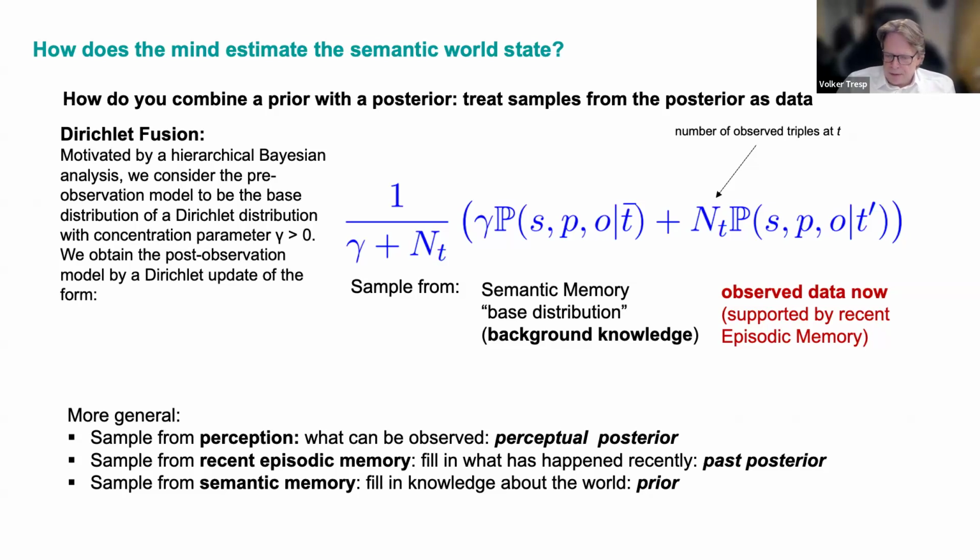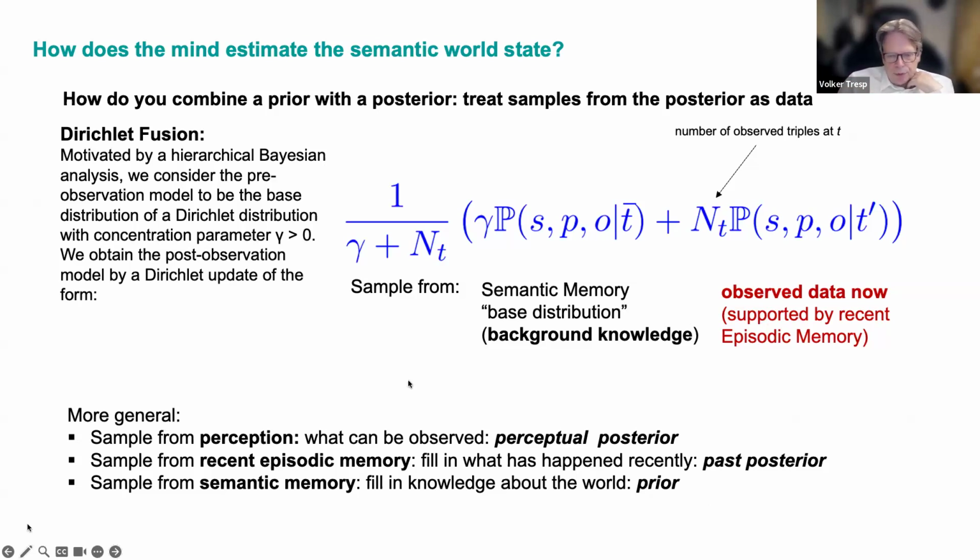We also have some theoretical reasoning for why we are proposing this addition of sampling. It's not some complex interaction, but different sources can produce samples, like perception, but also episodic memory and semantic memory. We formalize it in this Dirichlet fusion model, where we combine observed data with semantic memory, which is essentially something like a prior.